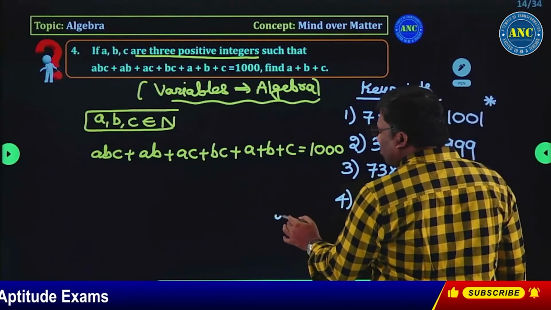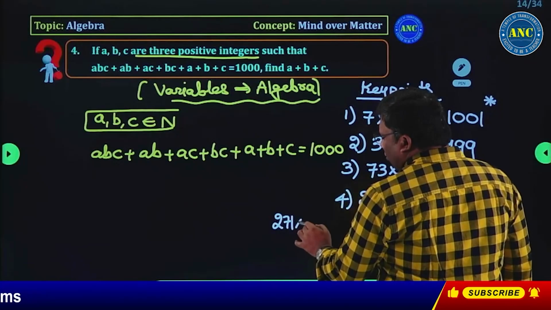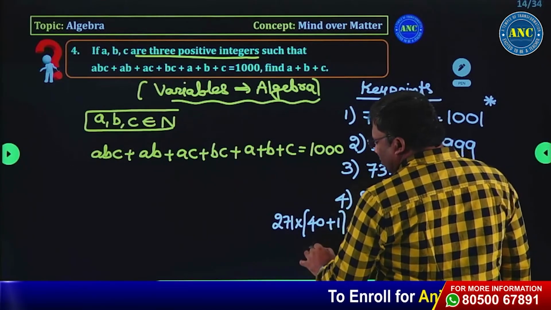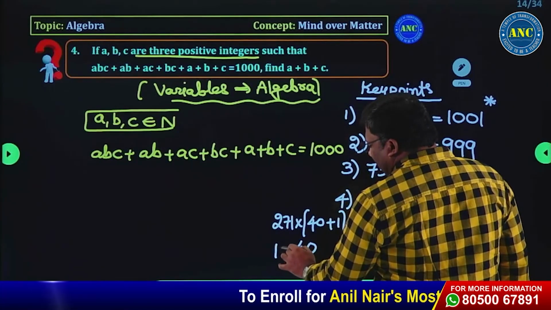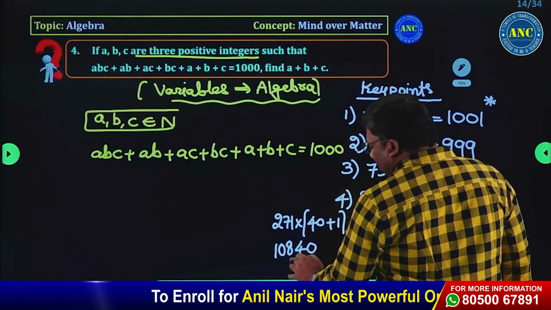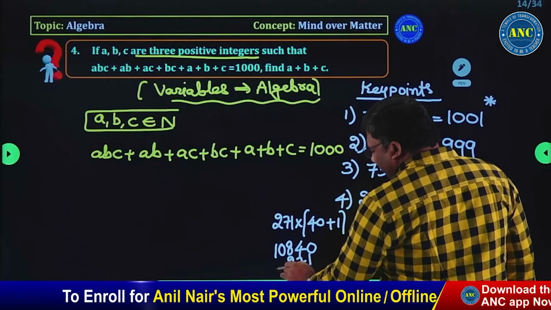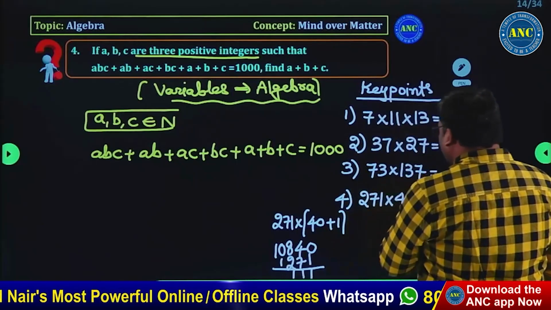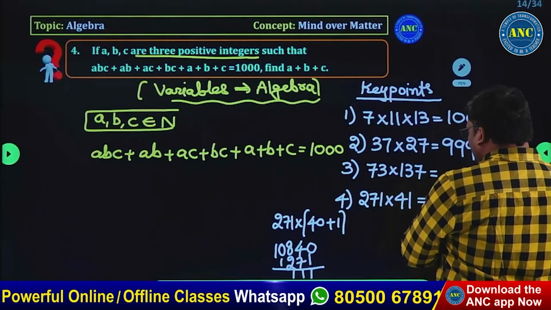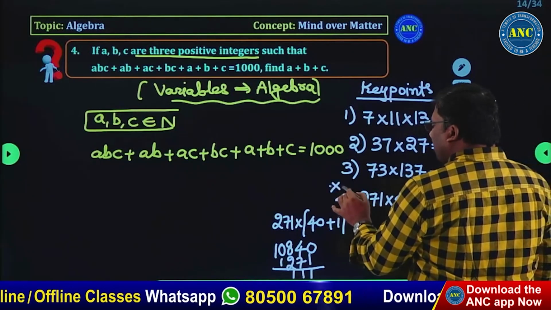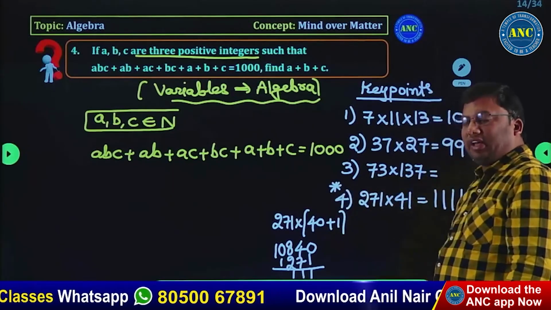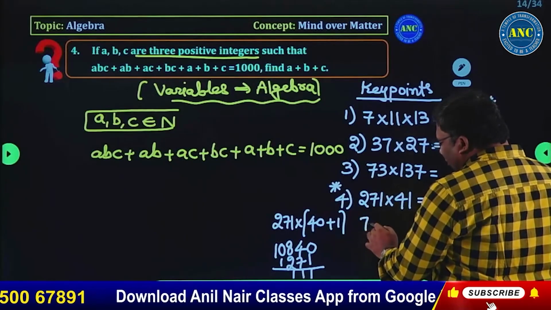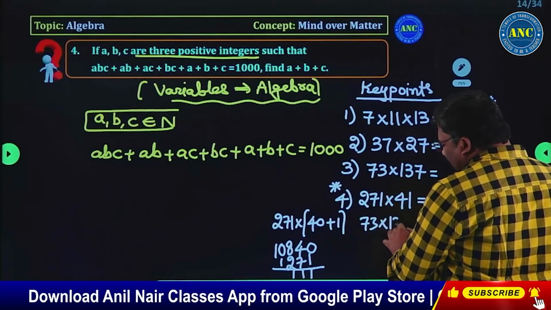Let us do 271 into 41. 271 into 41 is 40 plus 1. 4 ones are 4, it is 108 plus 271. 271, 1, 1, 1, 1. It is 5 ones. 271 into 41 is 5 ones. Let us see what is 73 into 137.